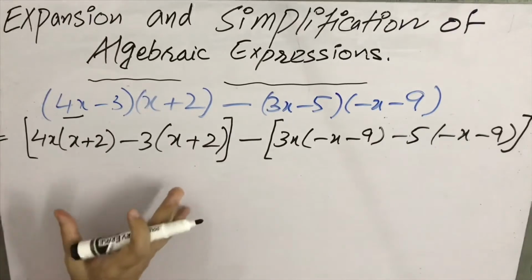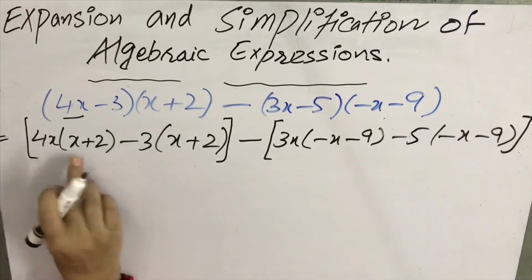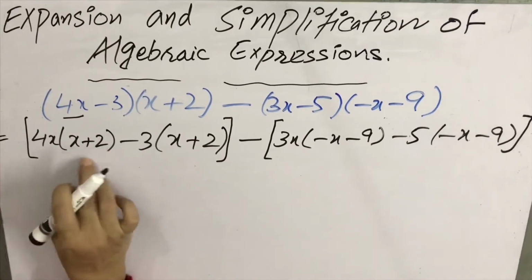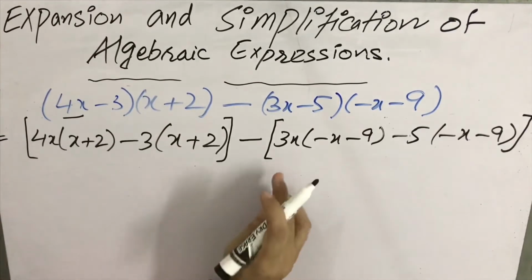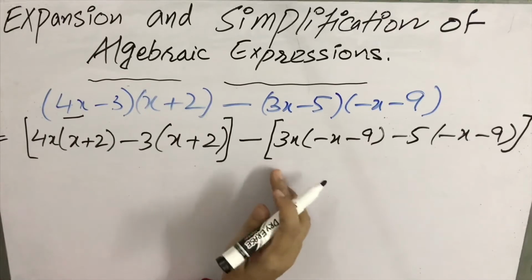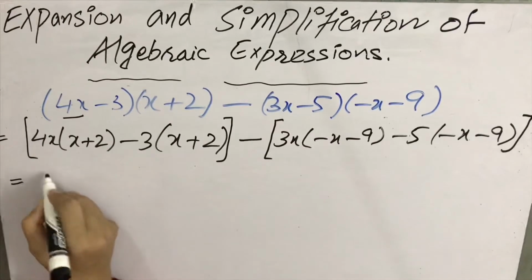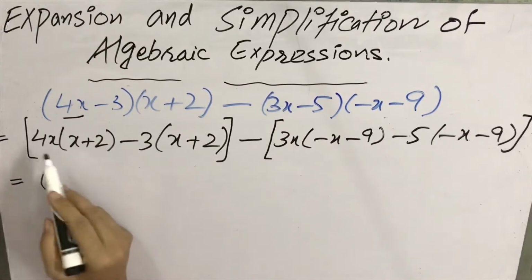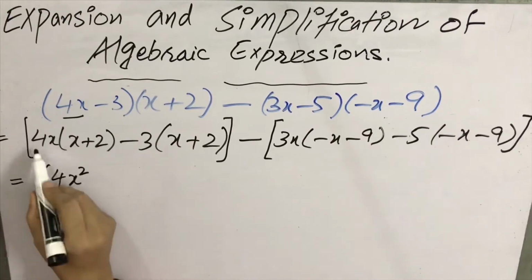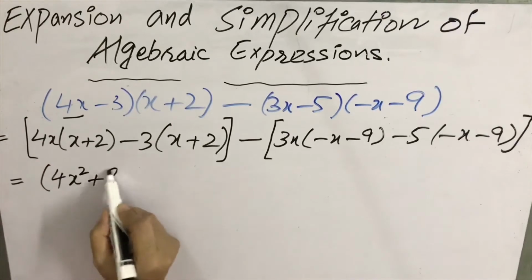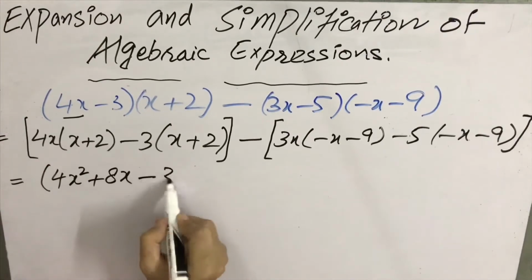You can observe that now when we shall be opening these small brackets, or we are further expanding it, we shall remove these bar brackets and make these bar brackets small brackets. Okay, round brackets. 4 1s are 4, x multiply x is x square, 4 2s are 8x minus 3x.